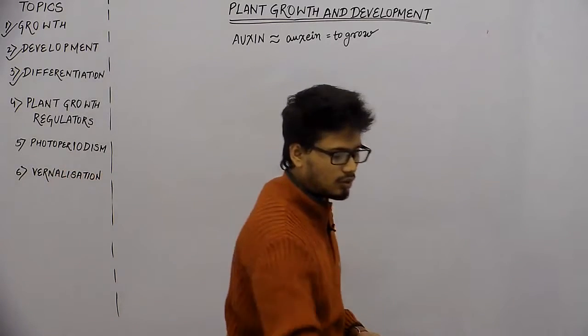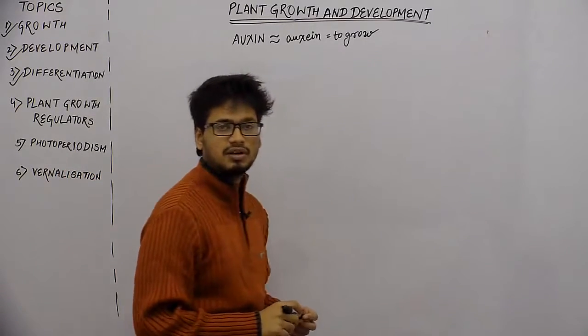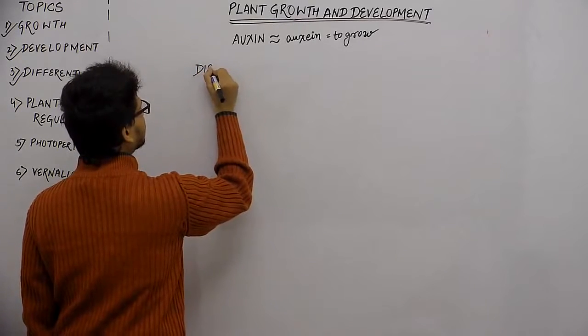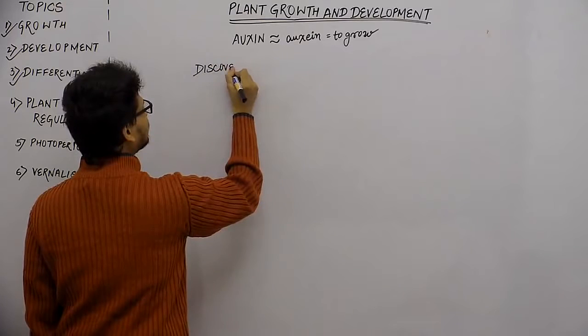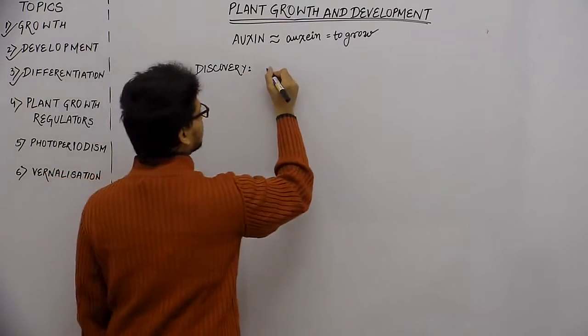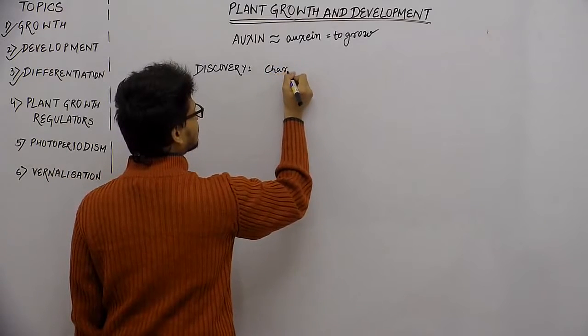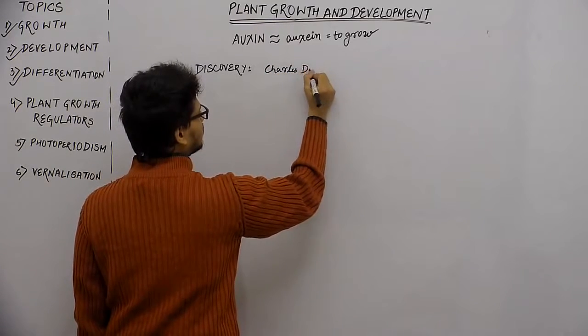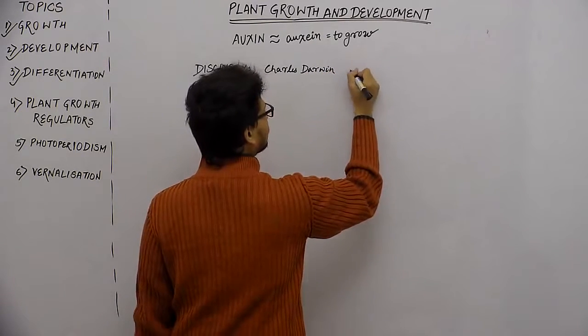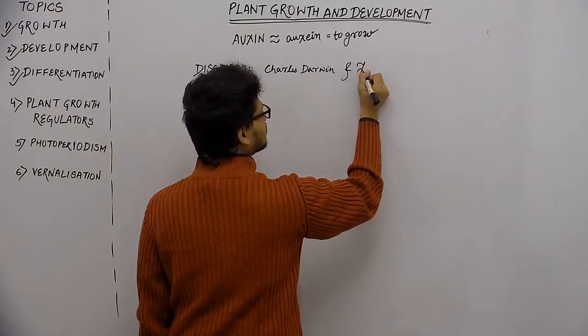Okay, so now how did they discover what the chemical is? Let's write the scientist names, that is Charles Darwin and his son Francis Darwin.